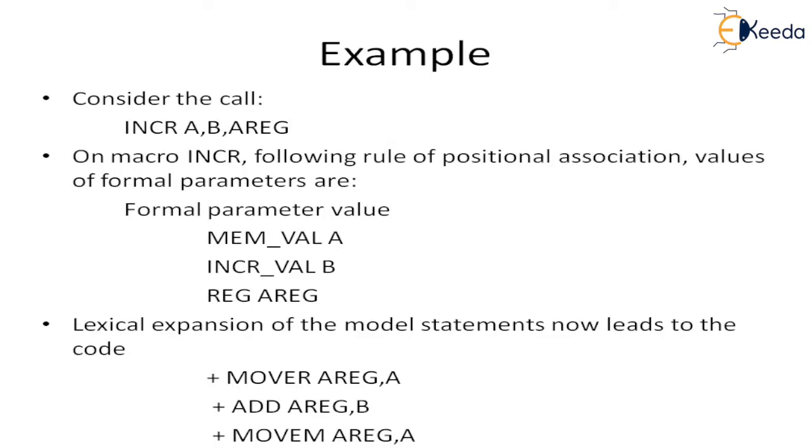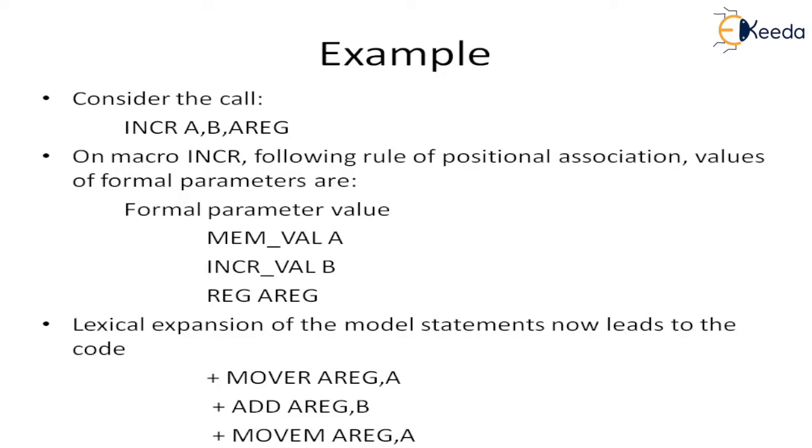An example of a positional parameter is shown in the slide. Consider the call INCR A, B, AREG. In this statement, we can find the position of each parameter. Following the rule of positional association, the values of the formal parameters are defined: the memory operand by the value A, the increment operand by the value B, and the register by the AREG value.